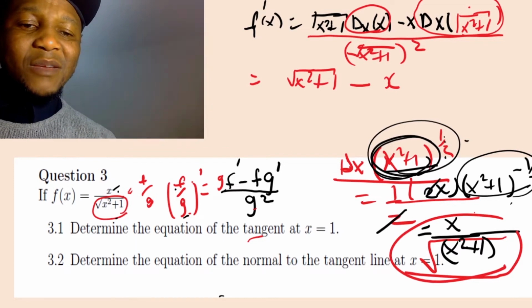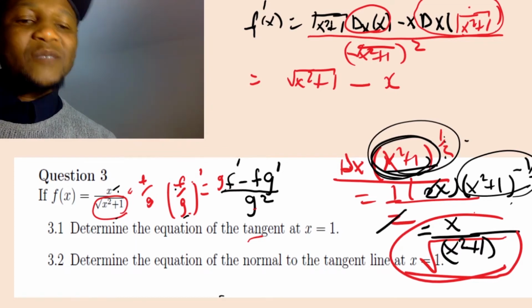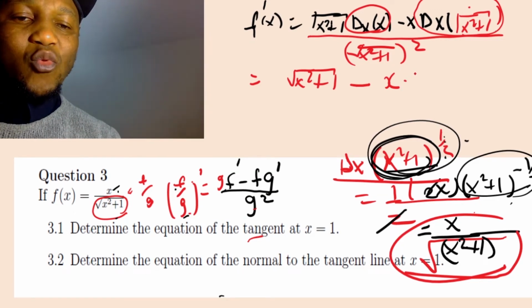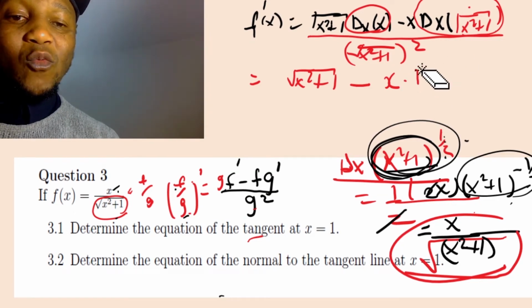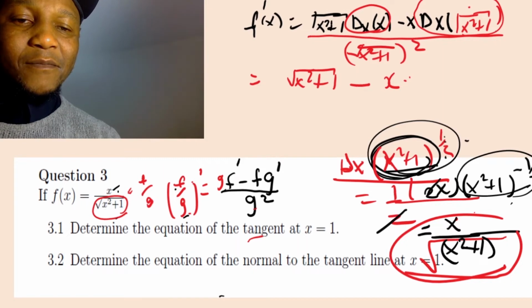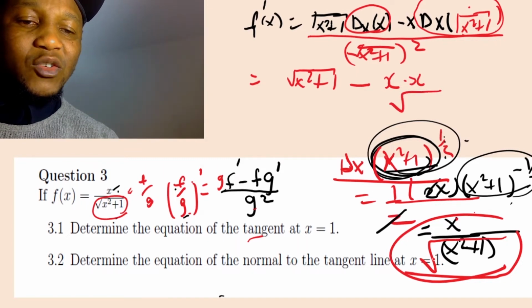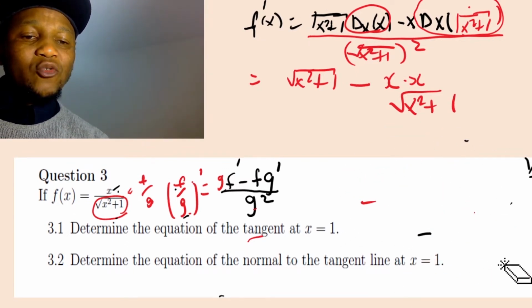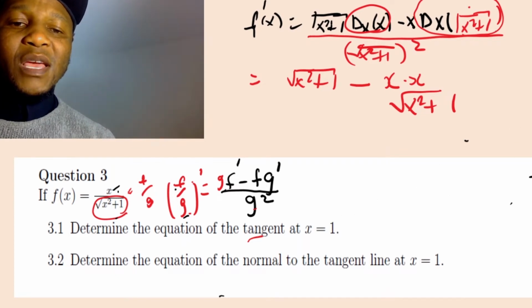So then f prime is x over the square root of x squared plus 1. Make sure you show this as part of the solution. It's very crucial. And then we go over.